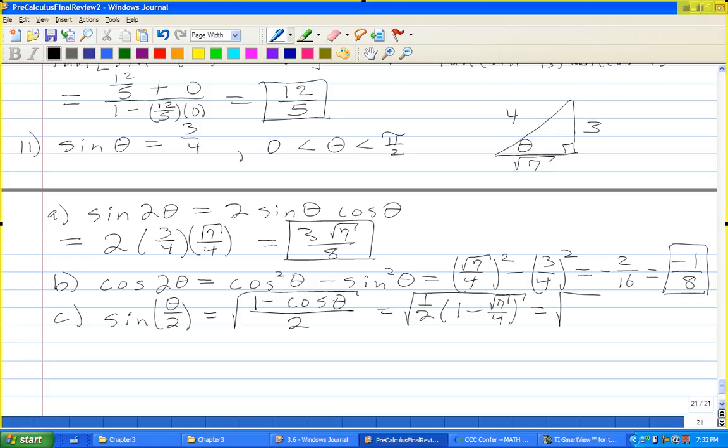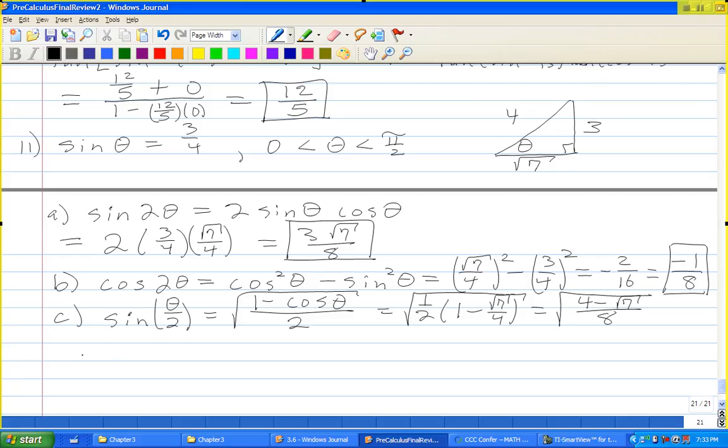So this is the square root of, that's going to give you an 8. Okay. So this will be 4 minus rad 7 over 8.